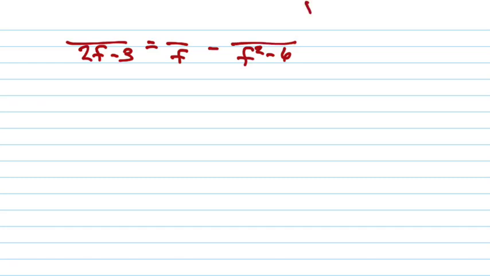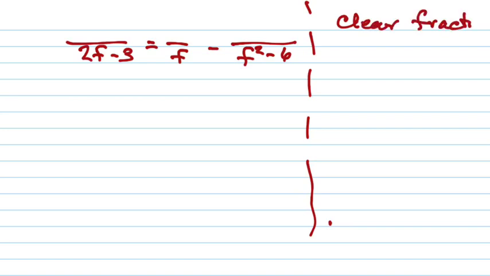All I want to talk about in this one is clearing the fractions. A while ago, all we had in the denominator was a 2. But this time, we have bigger things. We have polynomials in the denominators, right? So your first thing you need to do is factor the denominators, if they will factor.